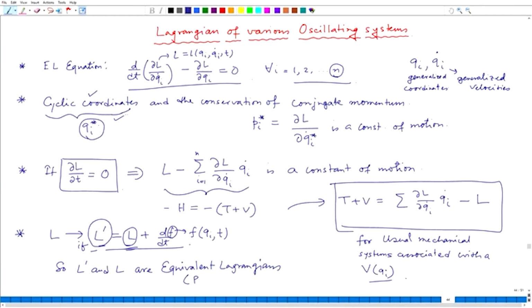That means they produce the same equations of motion. Finally, we discussed how to define the Lagrangian of a combined system consisting of two or more non-interacting subsystems. There we saw that you can write the combined Lagrangian as a direct sum of the individual Lagrangians, and the resulting set of generalized coordinates is the collection of all the generalized coordinates.